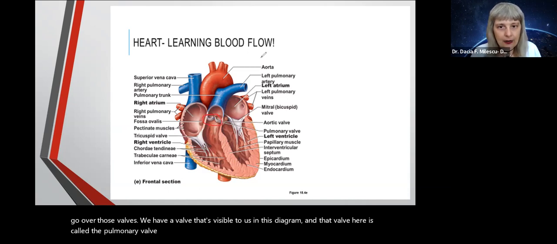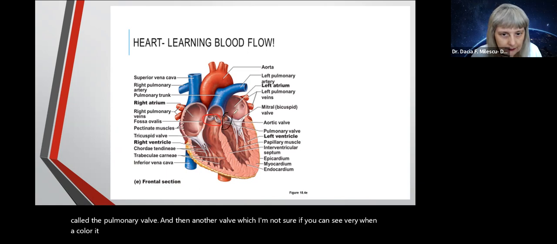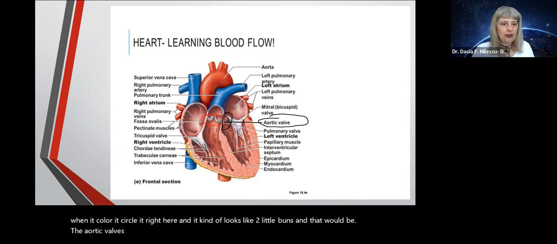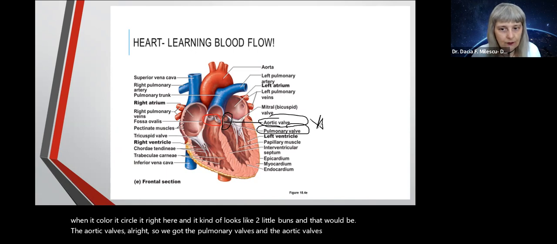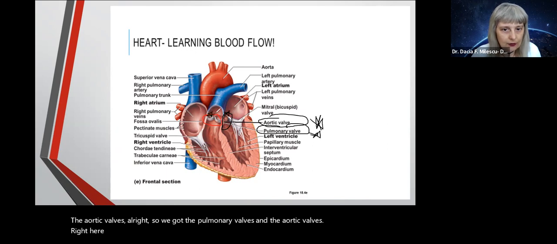And then another valve, which I'm not sure if you can see very well, I'm going to circle it right here. And it kind of looks like 2 little buns. And that would be the aortic valves. All right. So we've got the pulmonary valves and the aortic valves right here. 1, 2.